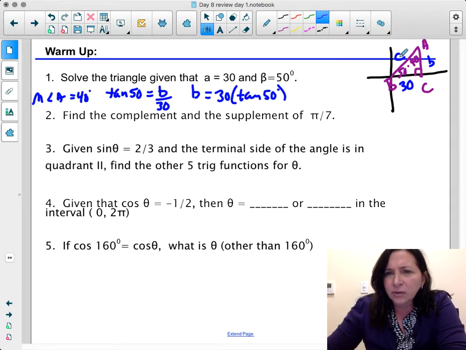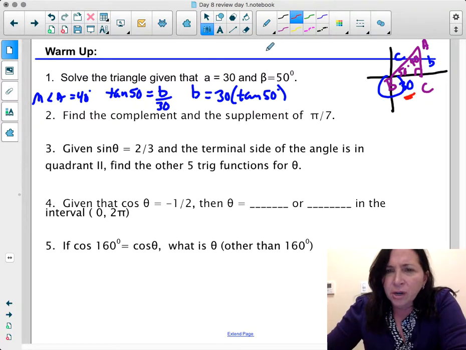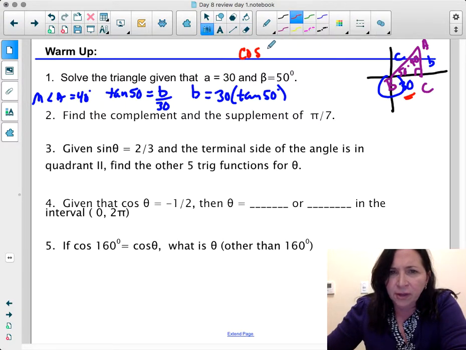Now to find little c, I'm going to still stay here at B. Now I could have moved to A, but I'm going to stay at beta. I'm going to stay right here. To find little c, I'm going to use cosine, because that's here. So we're going to go cosine of beta, of angle B, which actually I'm just going to plug in that value because I know that's 50.